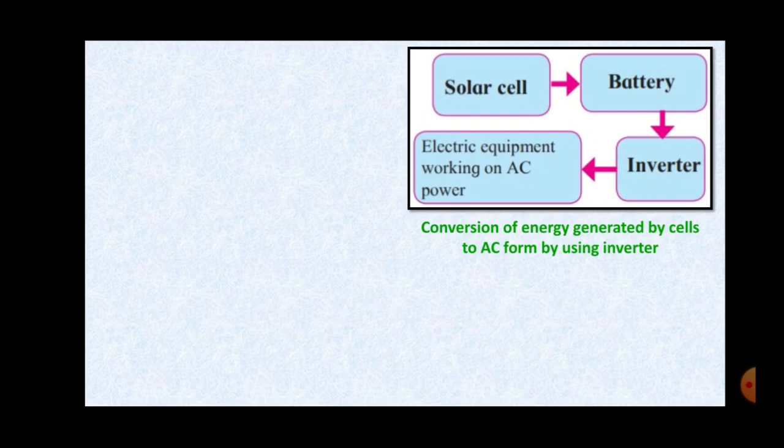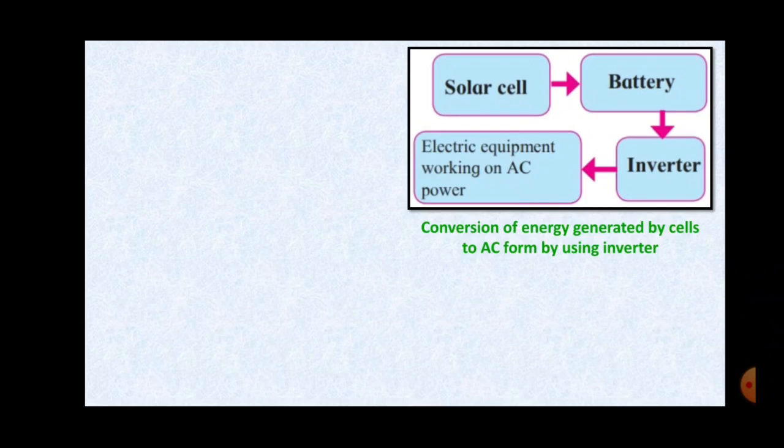But if the equipment works on AC, that is alternate current, then first it has to be converted into AC and then supplied to the electrical equipment. So when the solar cells convert the solar radiation into electrical energy, first it is to be stored in batteries. Why? Because sunlight is only available during the daytime, right? So we are getting solar radiation only in the presence of sunlight.